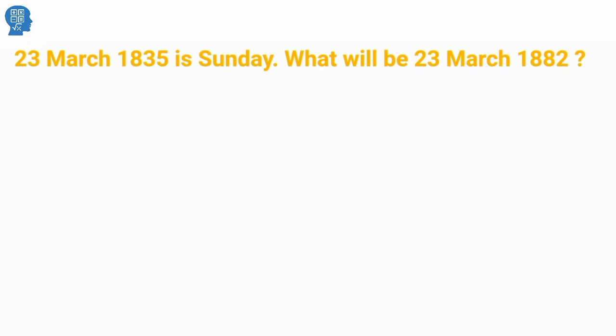If you observe, the date and month are both the same. So it is easy. How many years do we have from 1835 to 1882? Just subtract: 1882 minus 1835, we get 47.